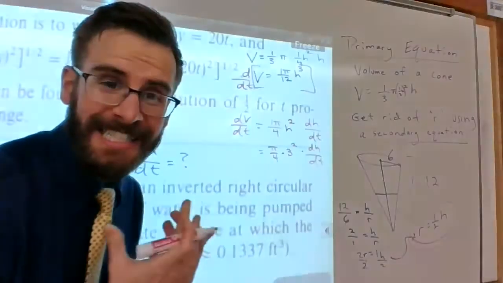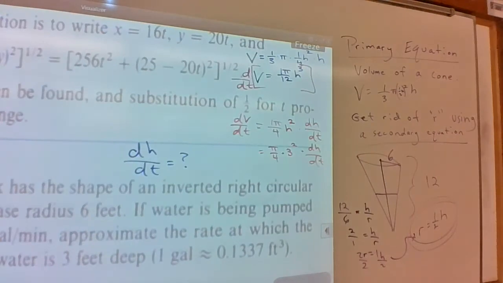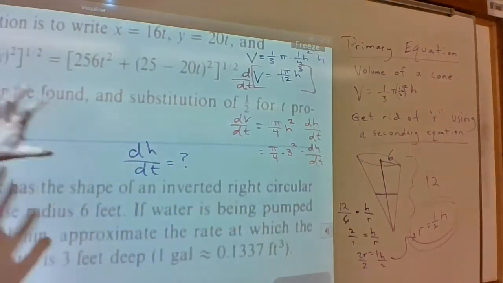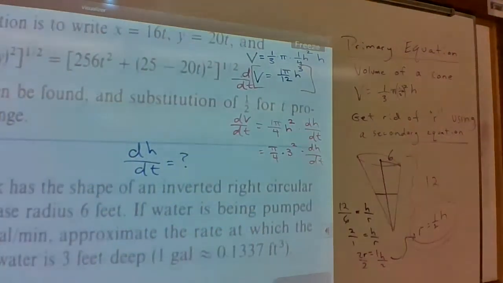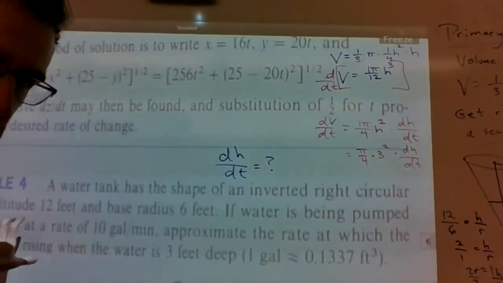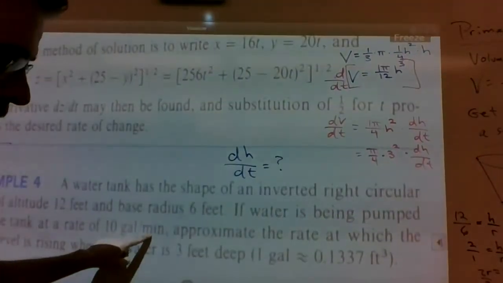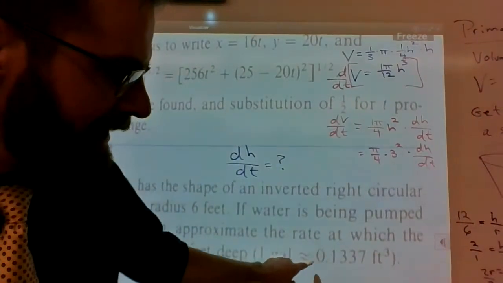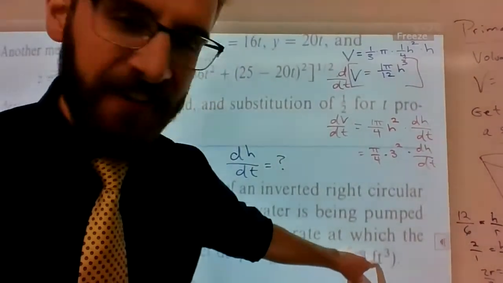Do we know what dV/dt is? Well, the rate at which the volume, the amount of water coming in, is changing, is 10 gallons per minute. But they tell us that 1 gallon is 0.1337 feet cubed.